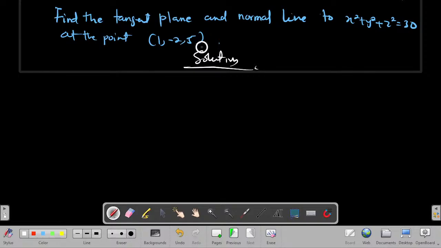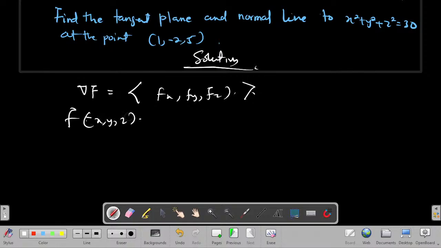What do we do? Straight away, you don't need to think plenty. What is your vector? Sorry, gradient vector. It's simply going to be a function of what? Fx, Fy, and Fz. Our function of x, y, z is given as what? X squared plus y squared plus z squared.